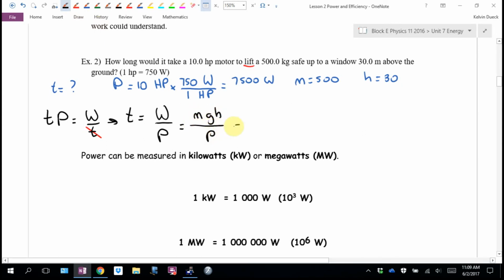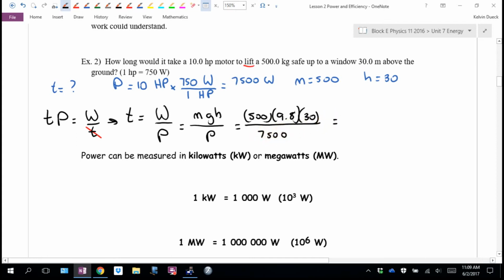Divided by power. And now I think we can calculate how much time this will take. Mass, 500. G, 9.8. H, 30. Divided by power, 7,500, not 10.